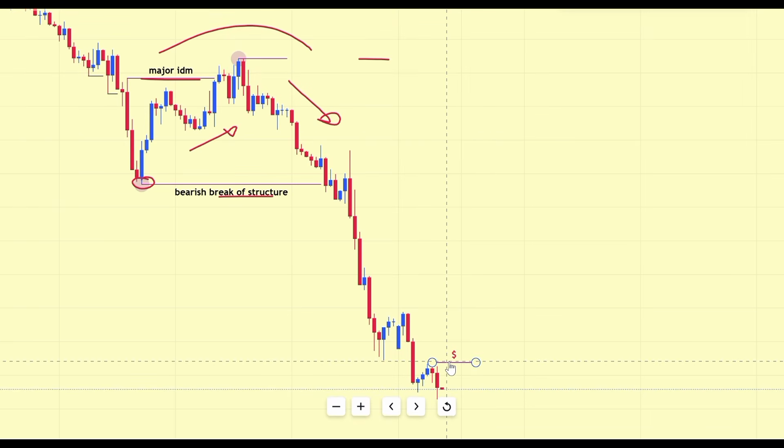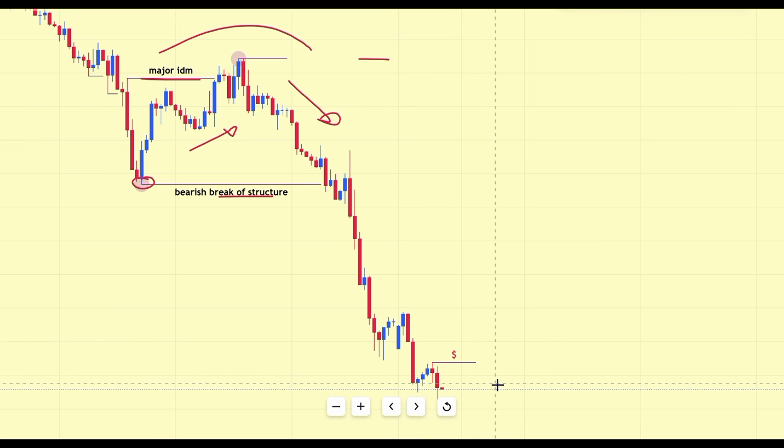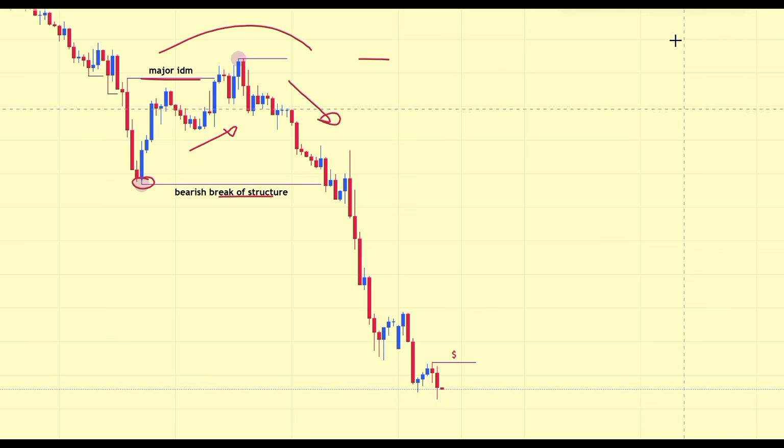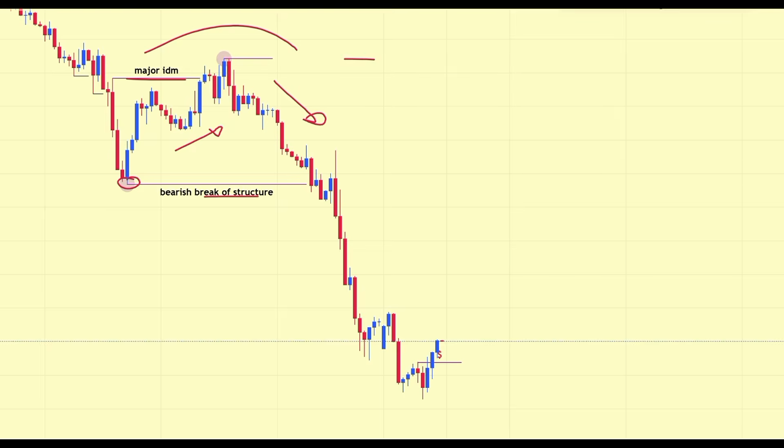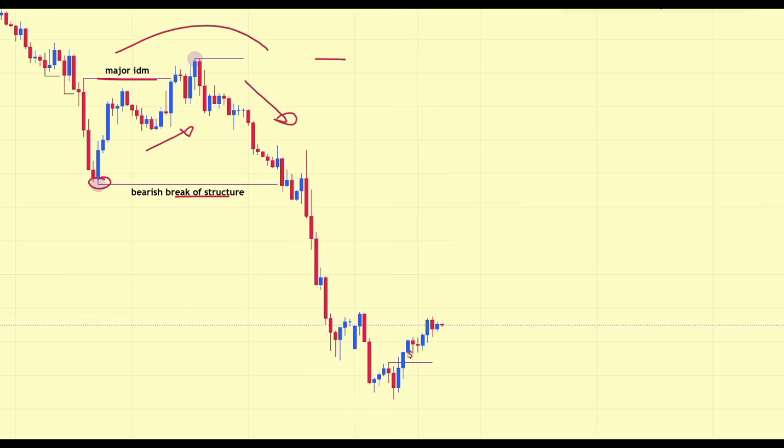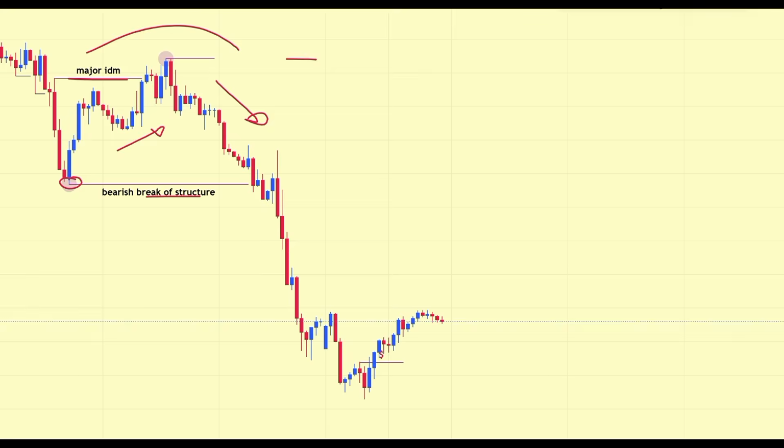And so also, until price takes out this one, I will not confirm a break of structure. This means if another pullback is created, I will also be shifting to the newly formed pullback high as the major inducement. All right, so let's see in this scenario, and exactly right there, we can clearly see our major inducement is now taken out.